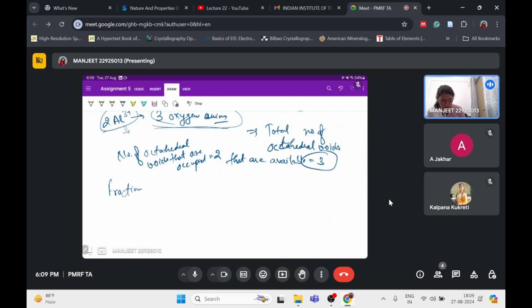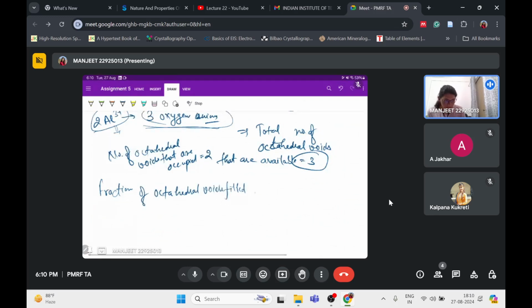The fraction of octahedral voids filled equals the number of octahedral voids occupied by the aluminum ion divided by the total number of octahedral voids available.